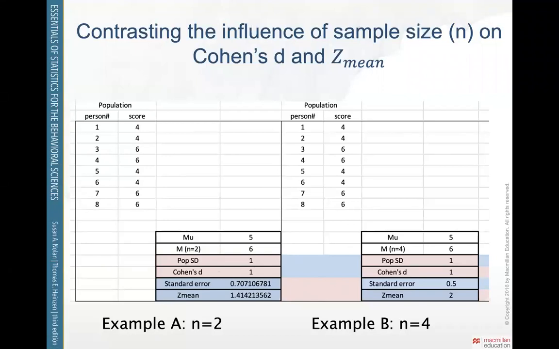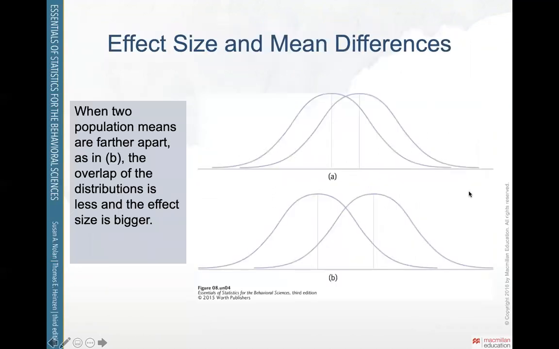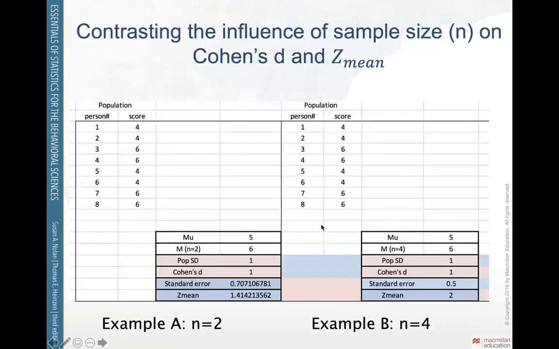The formula for Cohen's d is the sample mean minus the population mean, divided by the population standard deviation. So the numerator of our Cohen's d is M minus mu. Looking at these numbers, I want someone to help me out here. What do we get when we take M minus mu? What does that equal?